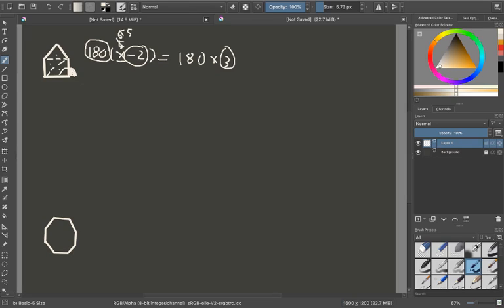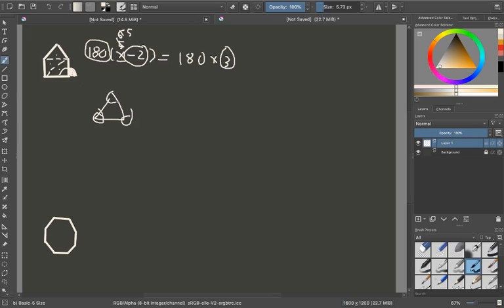The reason we have 180 is that triangles are known to have a sum of 180. And the reason we have minus 2 is because a triangle has 3 sides, but we only use 2 of these sides to do the subtraction.